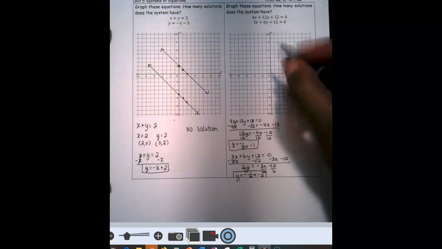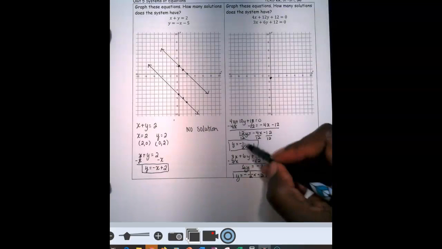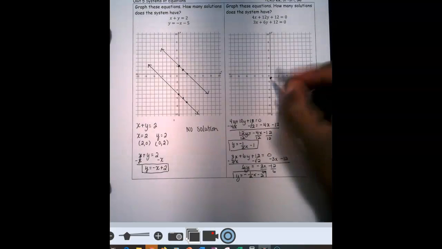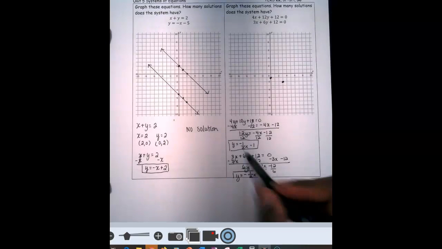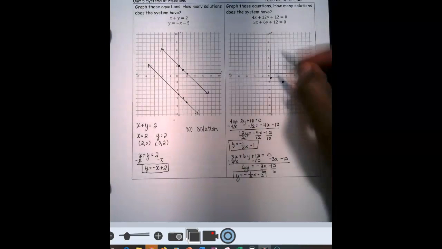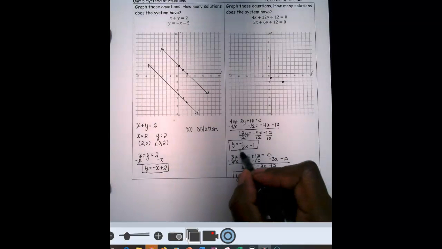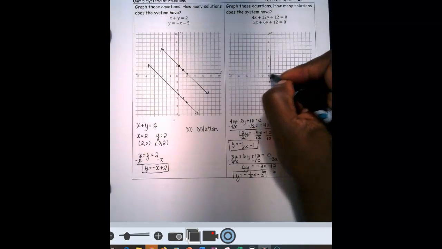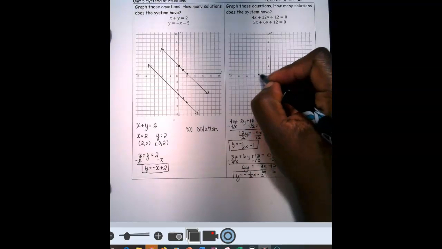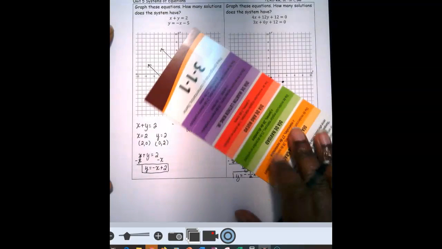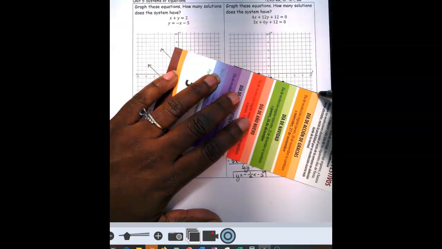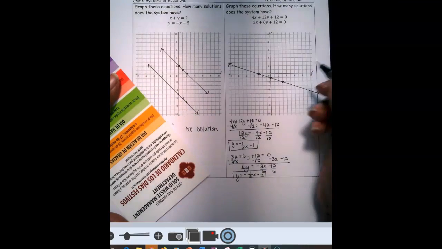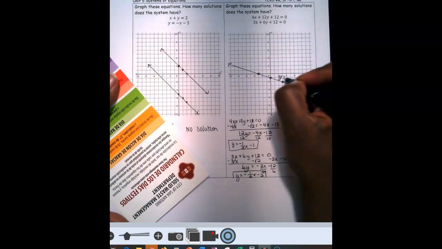The first line, I'm going to start at negative 1, and I'm going to go down 1 and to the right 3. Down 1 and to the right 3. I could switch these around and make this one positive, so I go up 1, which means that this 3 becomes negative, and to the left 3, and that gives me this line. I'm going to make a note of which one this is.